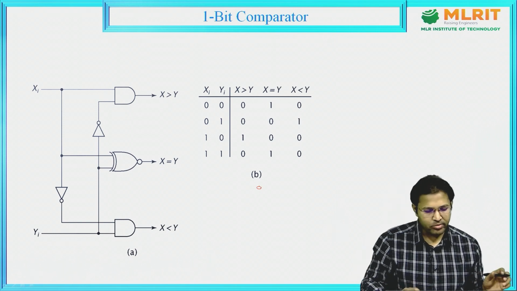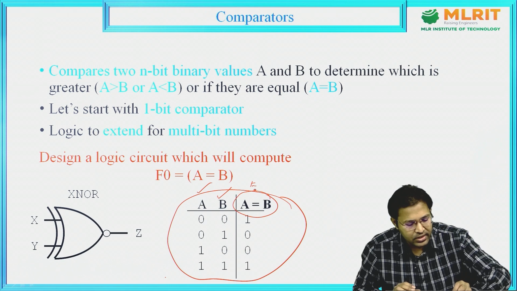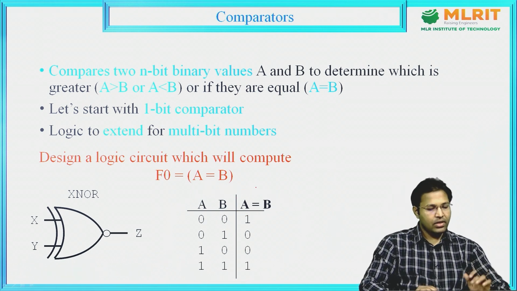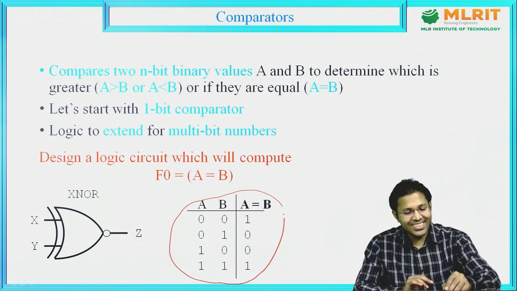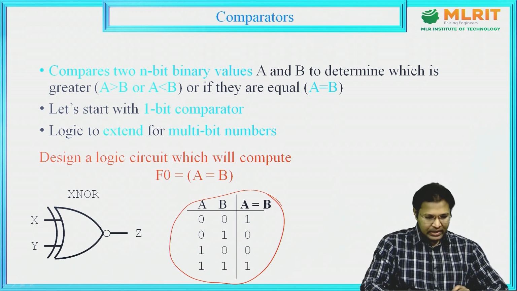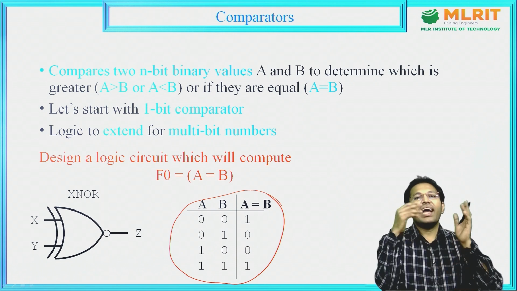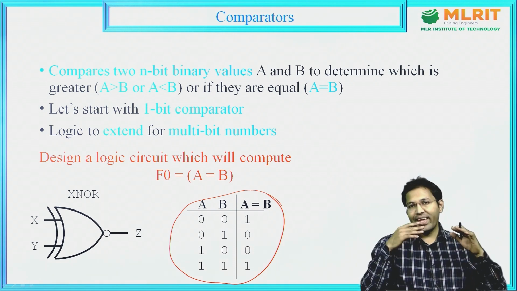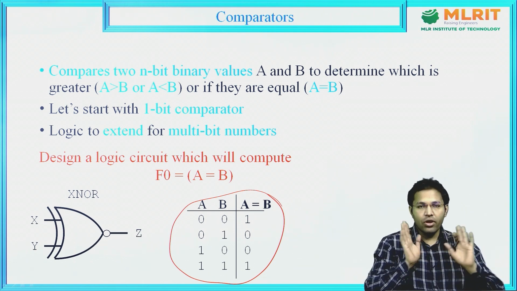Which logic gate satisfies this truth table? It is the XNOR gate. Hence we can conclude that an XNOR gate will act as a comparator which will tell us whether A is equal to B or not.